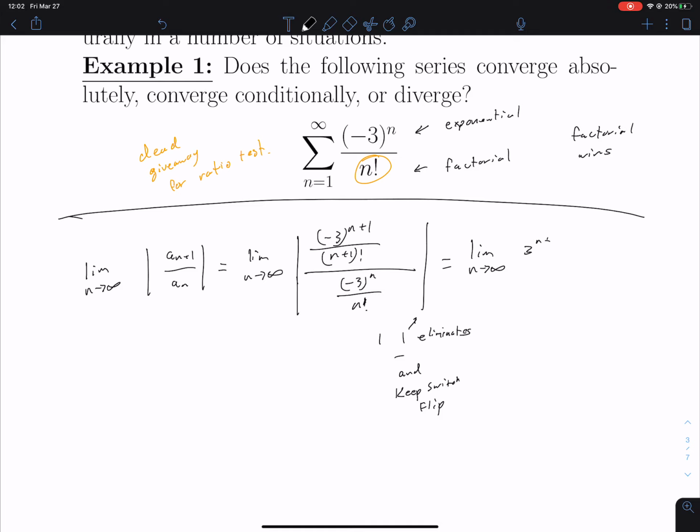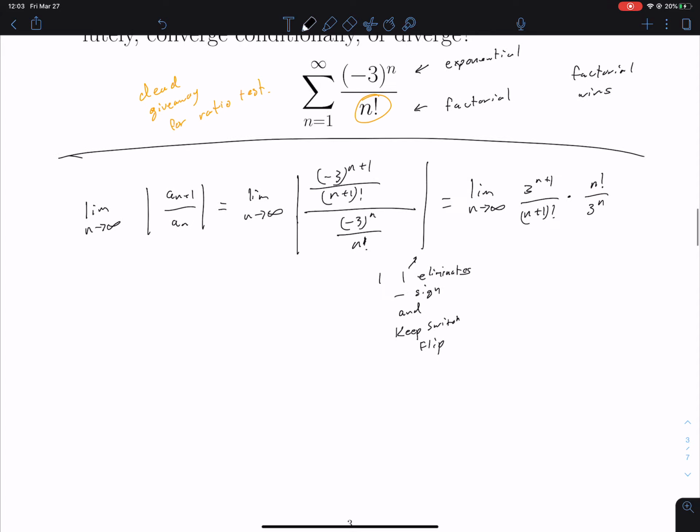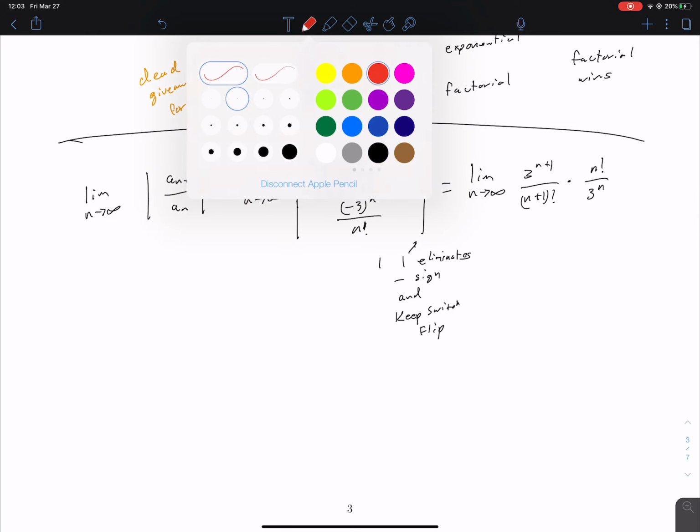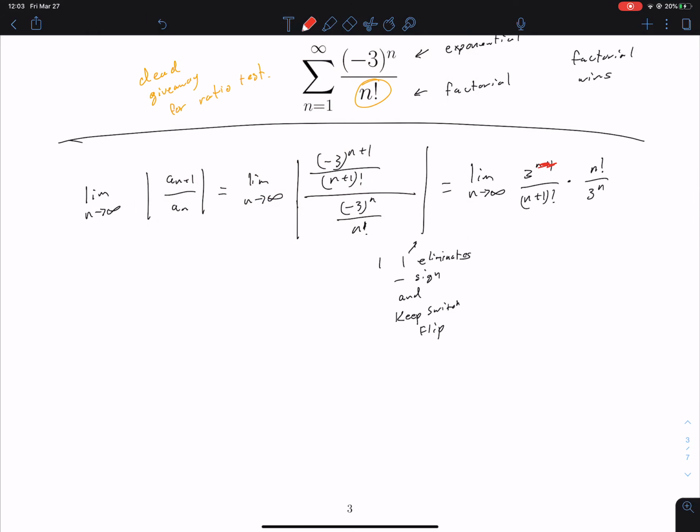So I have 3 to the n+1 over n+1 factorial times n factorial on the top, 3 to the n on the bottom. So the absolute value eliminates the minus sign, and we keep switch flip to get this piece. Okay, so the first thing we can do is these definitely cancel. So the 3 to the n+1 cancels this 3 to the n.